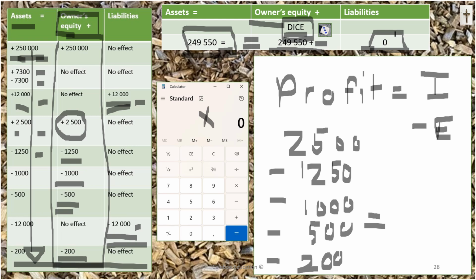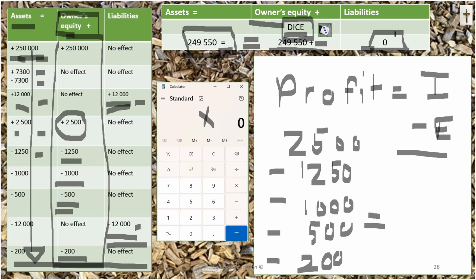Okay, the business has hardly been going, so only a few transactions, but the point here is, I'm just stressing again, how to calculate profit. It's income minus expenses. Assets is not involved in calculating the profit.